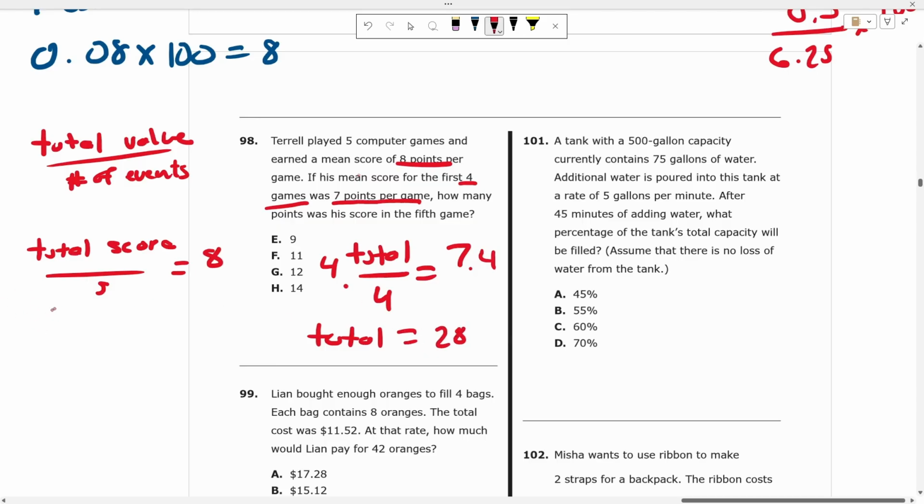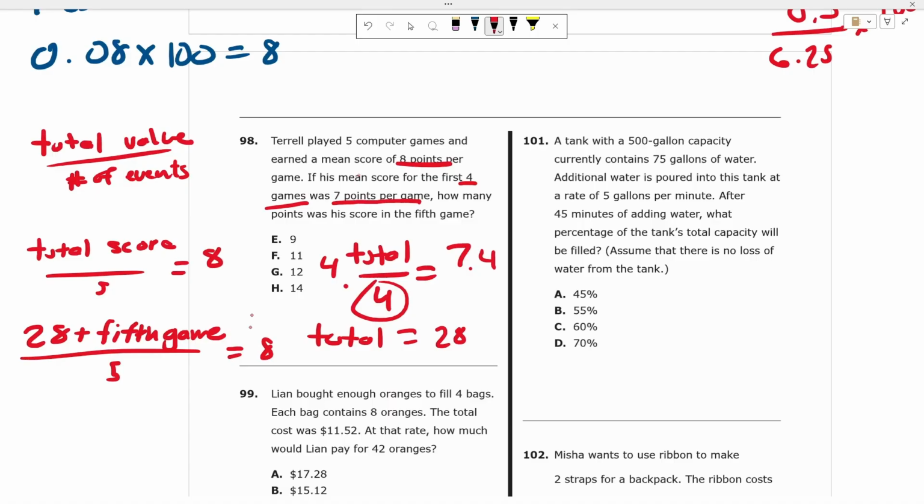So we know that his total score is equal to those first 4 games, or those 28, plus the 5th game, divided by 5, and it's going to equal 8. So you want to know how many points were in his fifth game. How many points did he have to score to increase his average from 7 all the way up to 8? Well, you already know that he scored 28 points in total for his first 4 games, right? Why?